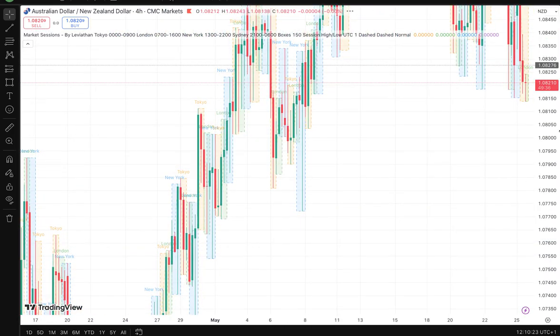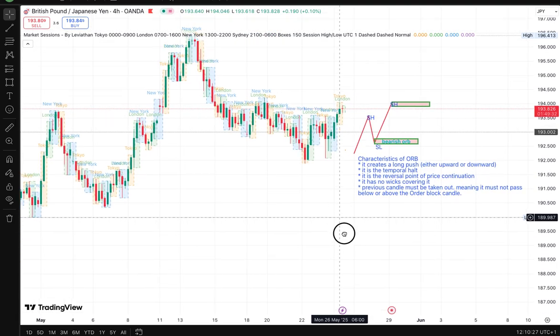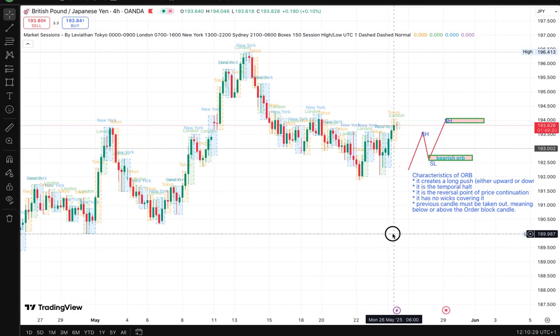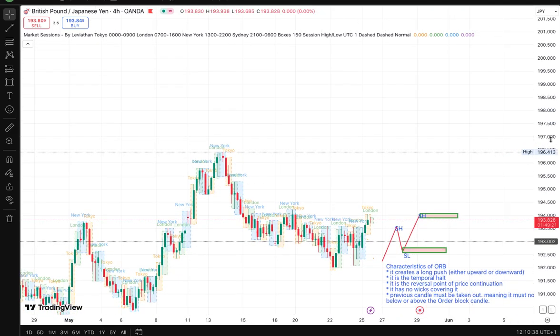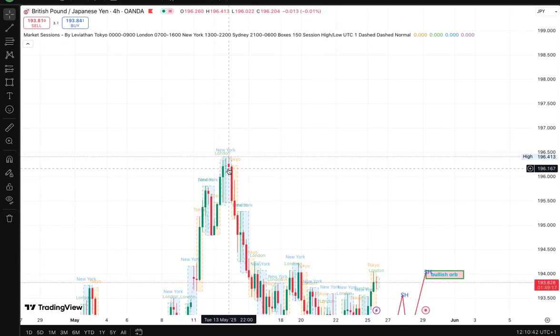Okay, wait, I think let me go back to G. This is 4 hours candle. Okay, I think I see now. This is an order block.